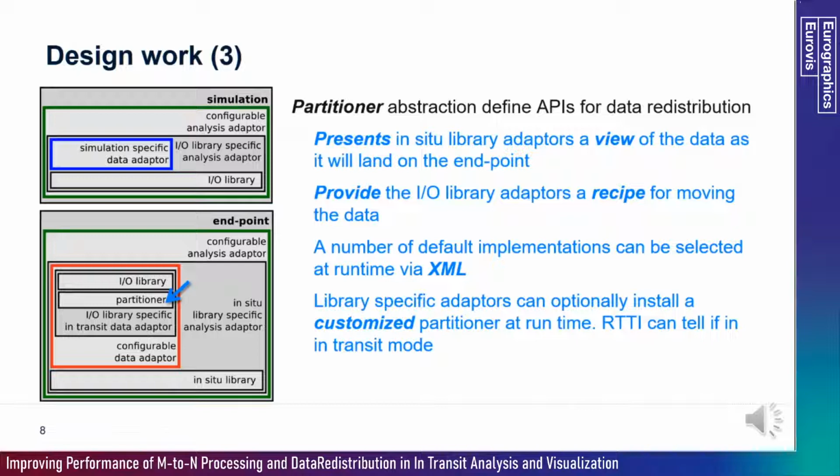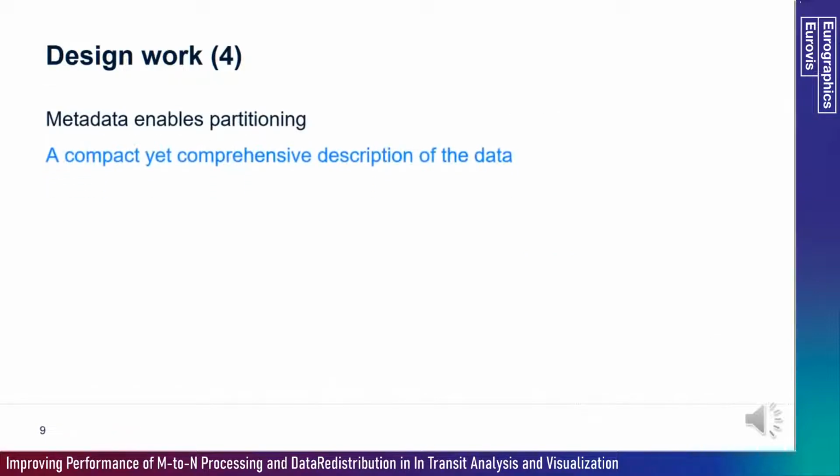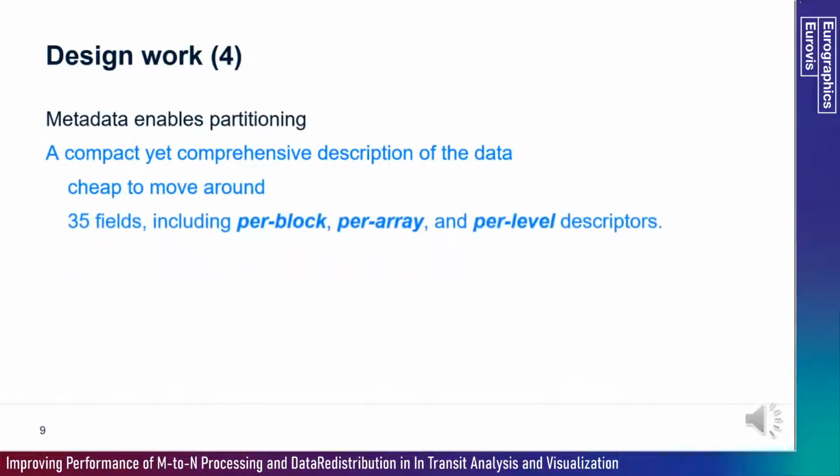One can use runtime type information to tell if one is in transit mode. Our design extends the data model to include the metadata needed to make partitioning decisions. Metadata should have a compact and yet comprehensive description of the simulation data. It should also be cheap to move around.